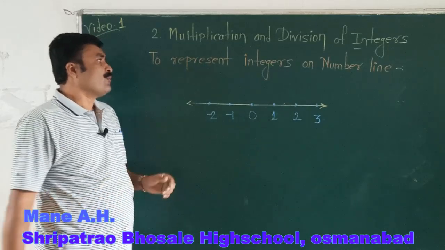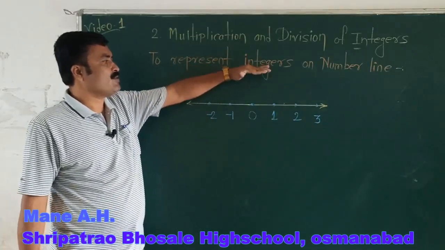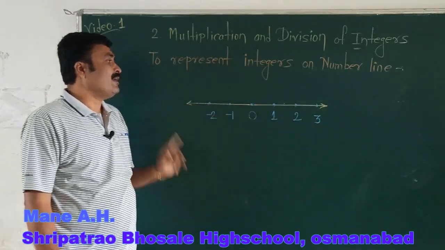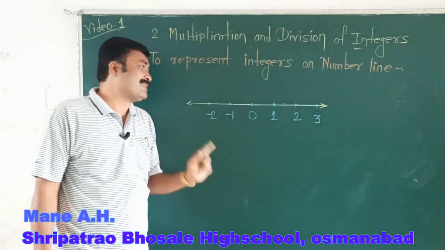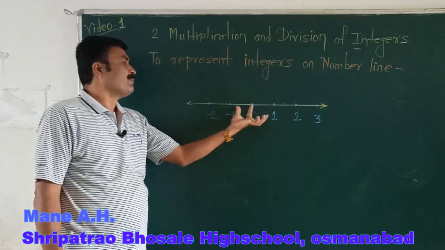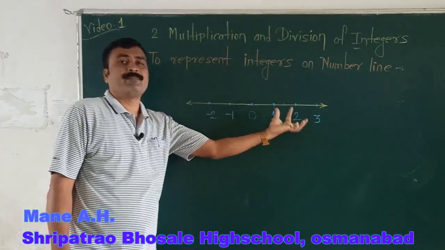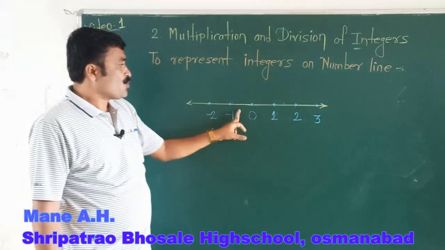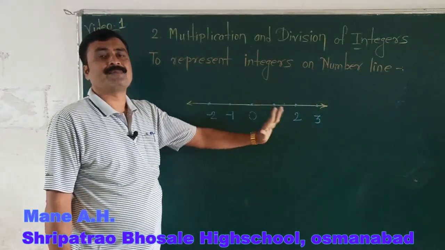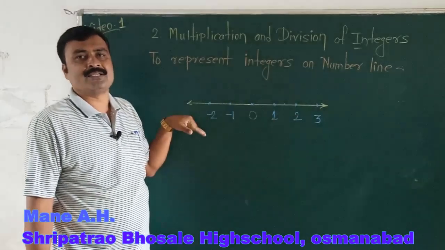Now while representing integers on a number line, it is compulsory to keep the distance similar between each pair of integers. So the distance should not be changed while representing all these integers.